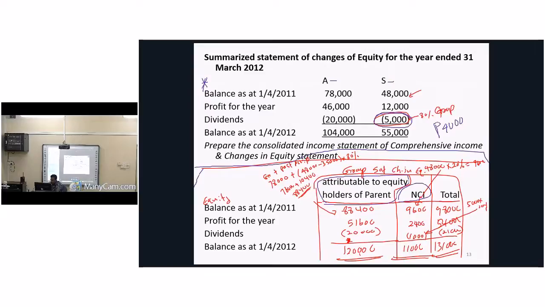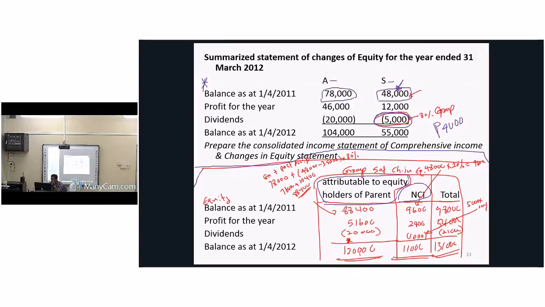It is purely to parent, the group, plus subsidiary 48. This is the total equity of the subsidiary at the beginning of the current year. Understand? I am referring to this one.